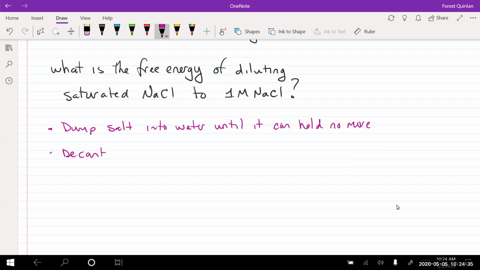Decant the liquid. No more solid, so we don't have to worry about that anymore. Dilute to 1 molar. That's what we're going to do.